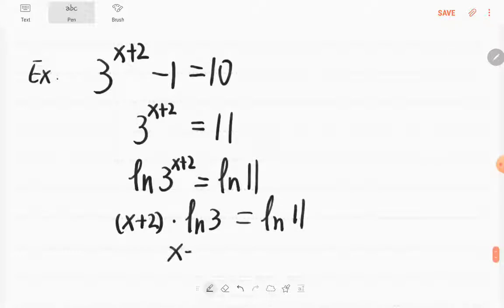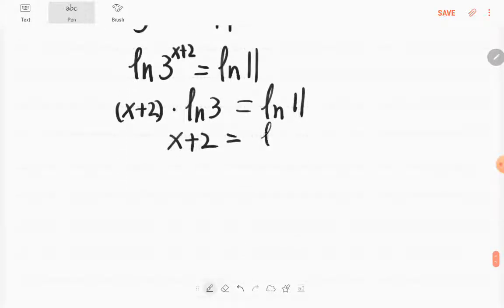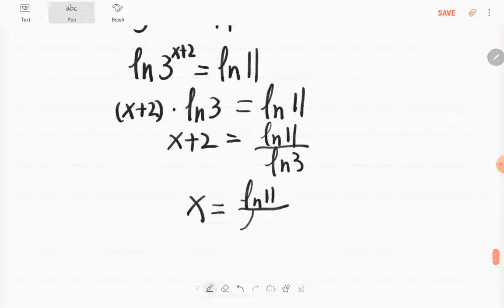So x plus 2 is equal to natural log 11 over natural log of 3. Now we subtract 2 on both sides. So x is equal to natural log of 11 over natural log of 3, minus 2.